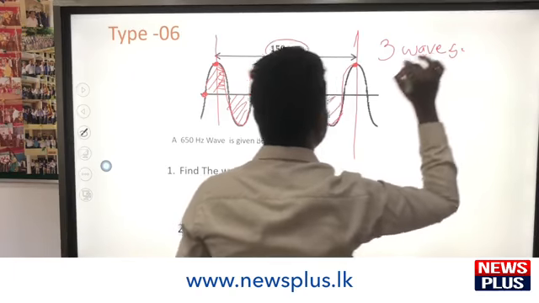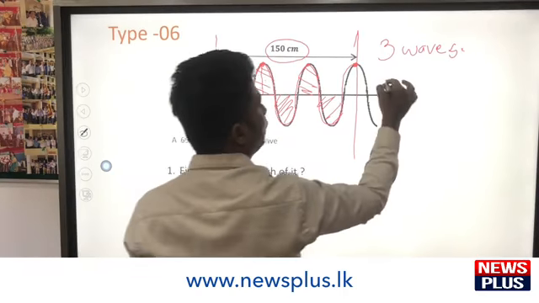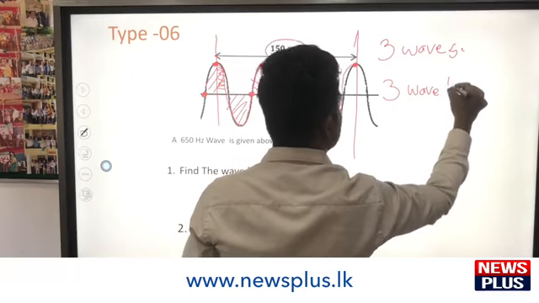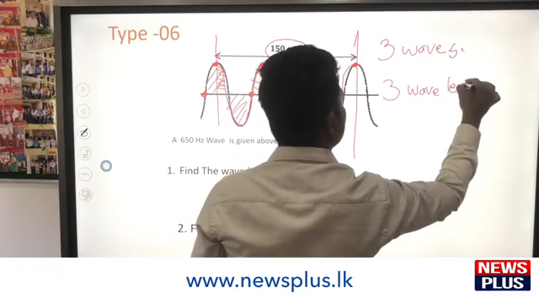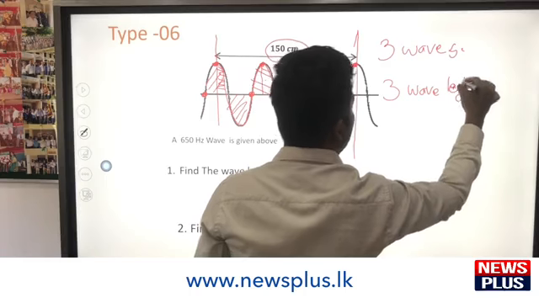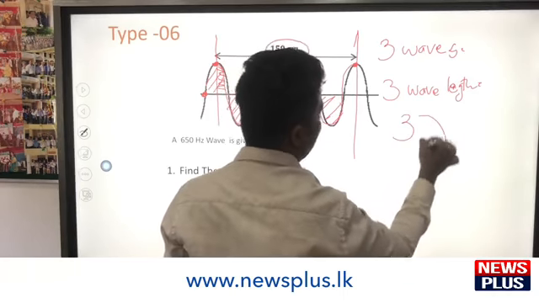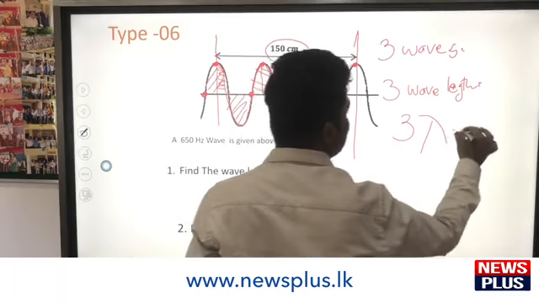So 3 waves means there should be a length of 3 lambda. 3 lambda is equal to how much?